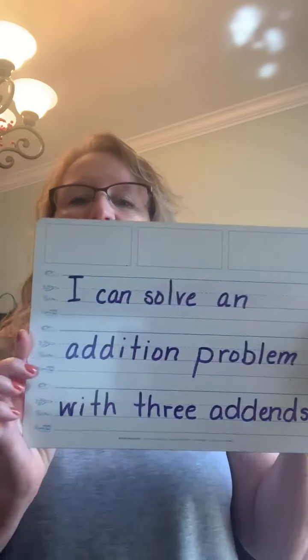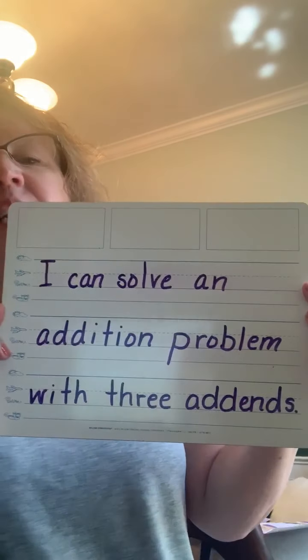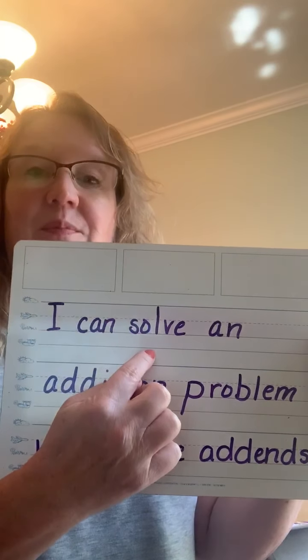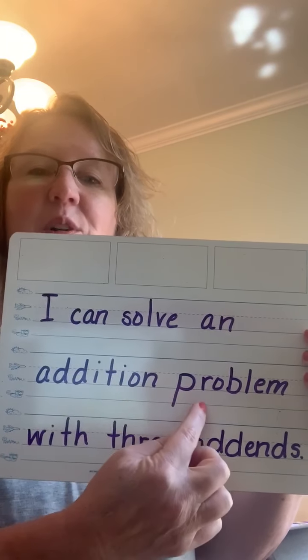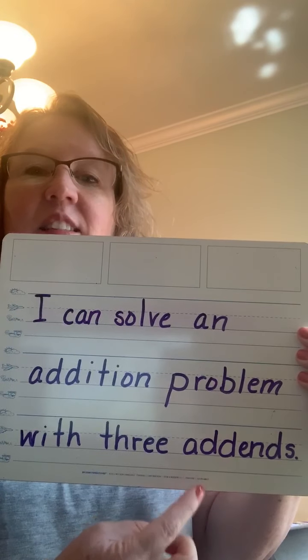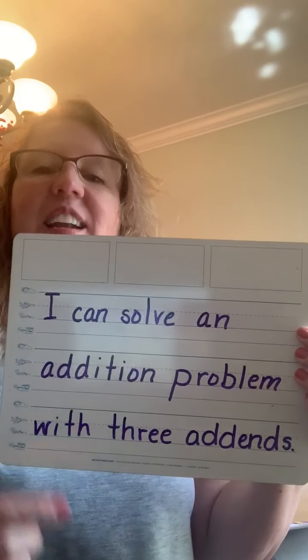So let me go ahead and tell you what our objective is today for our focus. I'm going to read it, and I want you to read it after me. I can solve an addition problem with 3 addends. Let's read that again.